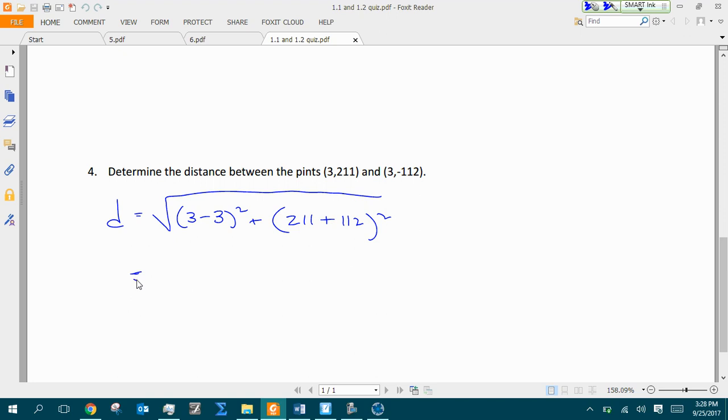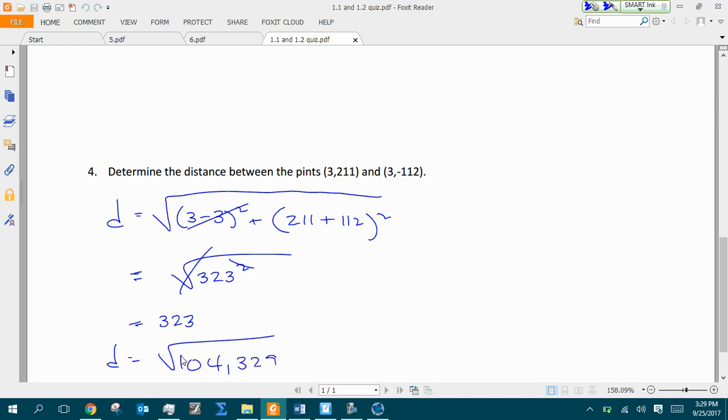We got 0 there, and then we get 323 squared here, and right there we could have canceled and got 323. That's the right answer. I saw a lot of people getting 323 times 323, distance is equal to the square root of 104,329, and then taking that square root and saying, well, that's 323.